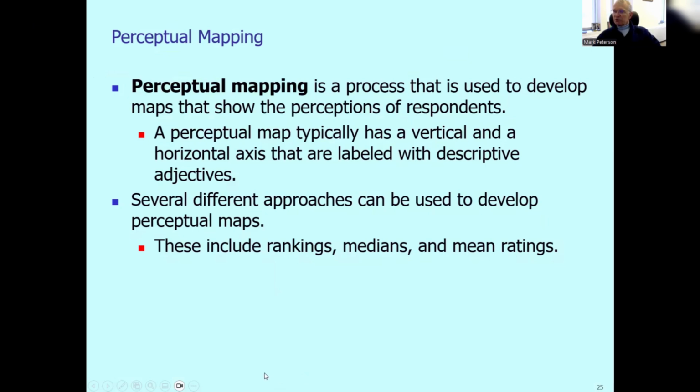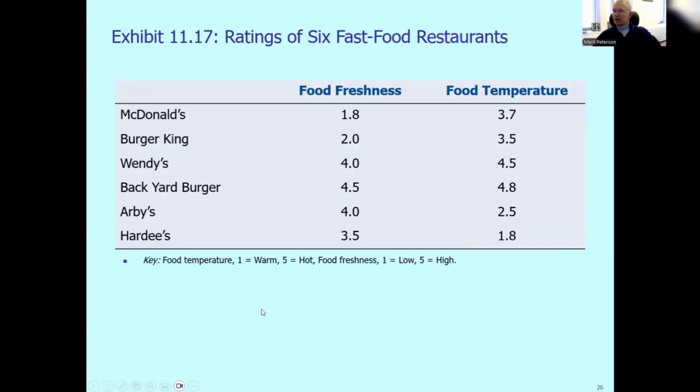We can also do perceptual mapping from some of our survey results or rankings. Here we see an example of ratings of 6 fast food restaurants on food freshness and food temperature. McDonald's and Burger King look lower on food freshness, and on food temperature they're moderately related.